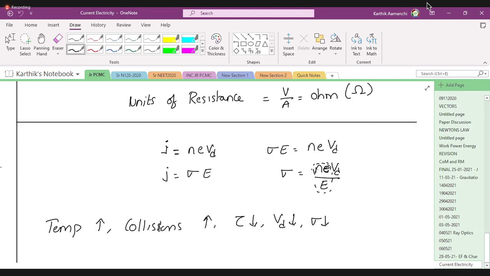Laplace and Pascal also gave equations. If you take physics, you will study all those things, Laplace-Fourier equations. There are many equations which you will learn in your undergrad courses.